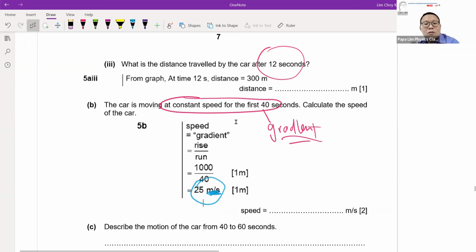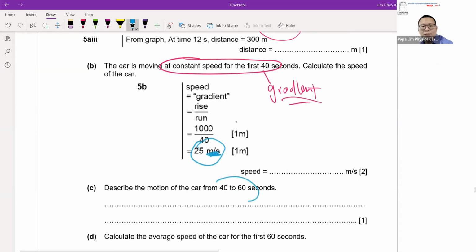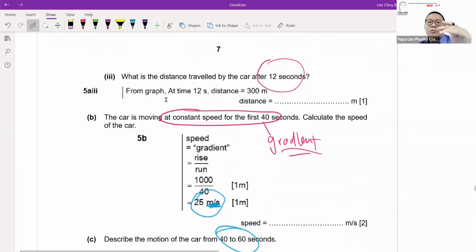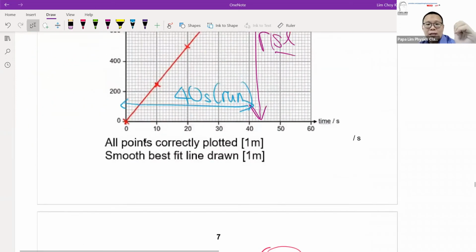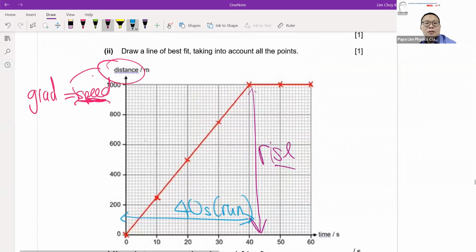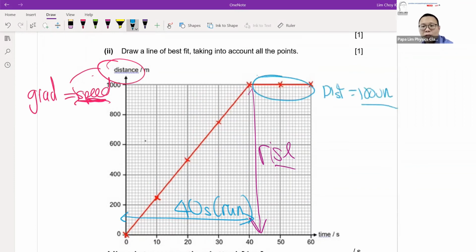Describe the motion of the car at 40 to 60 seconds. Same thing, in a distance time graph, when I describe the car, I will need to describe the speed of the object. For 40 seconds to 60 seconds, the distance is 1000 meters, always flat.